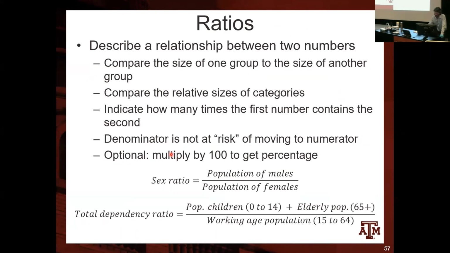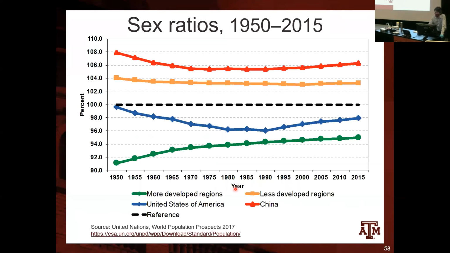If the denominator is higher than the numerator, and we multiply by 100, we're going to have a number that's below 100, which is the case of the US and the more developed regions. In the less developed regions, it is the opposite. We have more men than women. For every 100 women, for example, in 1950, in the less developed regions, we had 104 men.